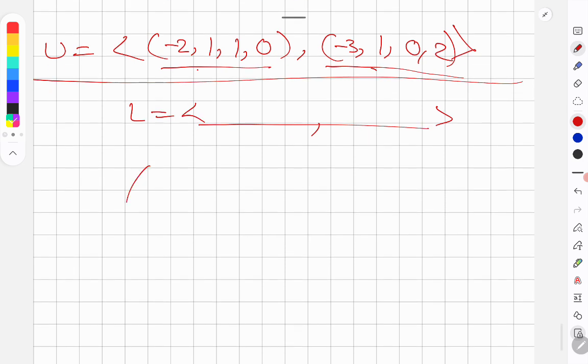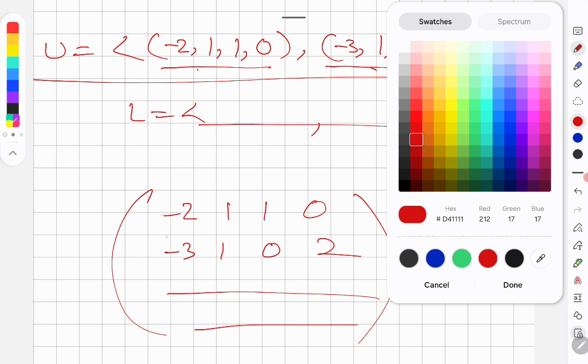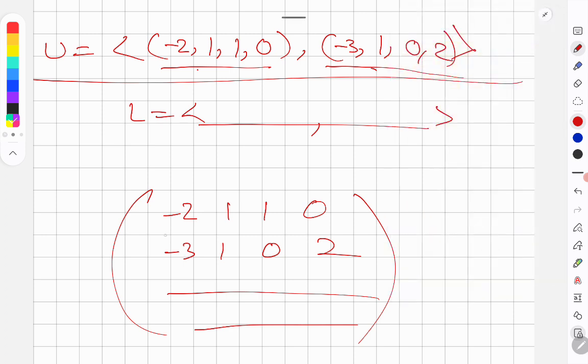So write all of them in the echelon form. -2, 1, 1, 0, -3, 1, 0, 2, and I don't know about these things. Okay, so let's make this one 0. Let's make this one a step.